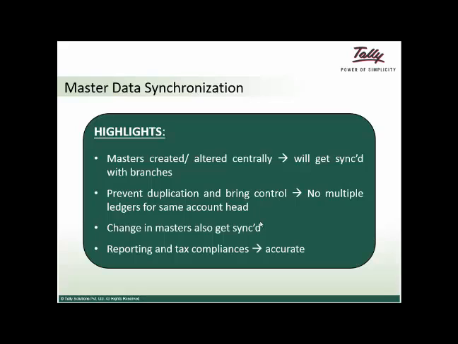This will prevent duplication and bring control across the organization. You will not find multiple ledger accounts for the same ledger. All reports will appear just the way the customer wants. And any changes made to masters at HO will also get synced. So the customer need not worry about making changes at the branch levels. This will give tremendous peace of mind to all users.